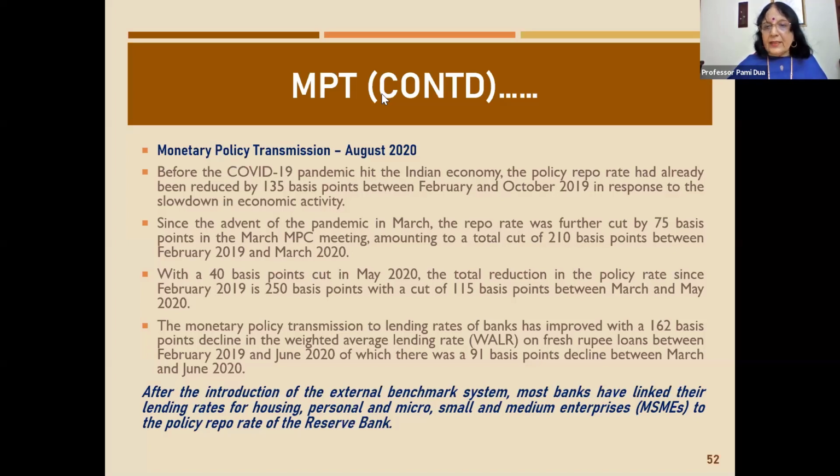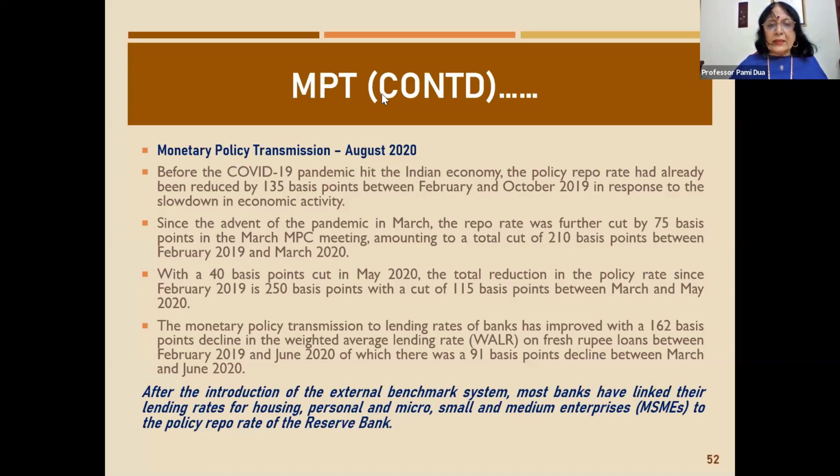Then after that came March. By March, we were experiencing the negative impact of COVID-19. So we had a meeting in March, and in that meeting, we cut the policy rate by 75 basis points. And this brought a total cut from February 2019 to 210 basis points.